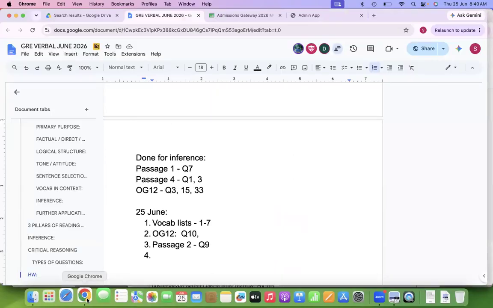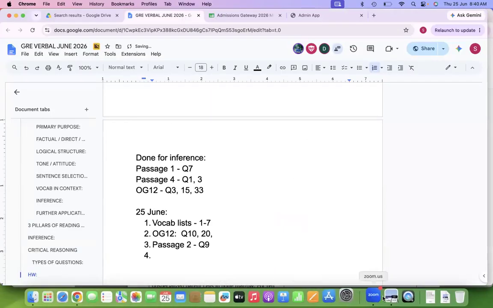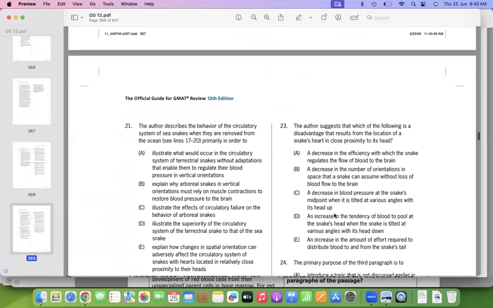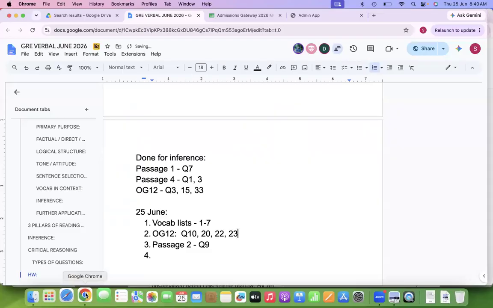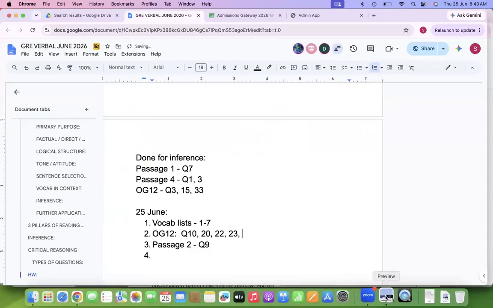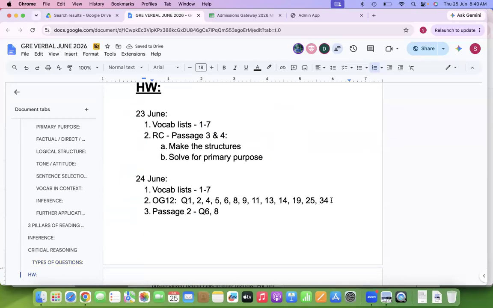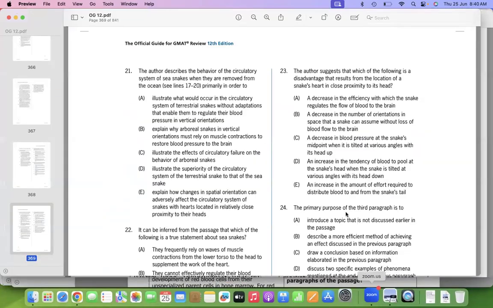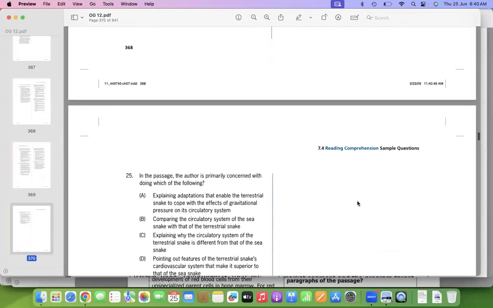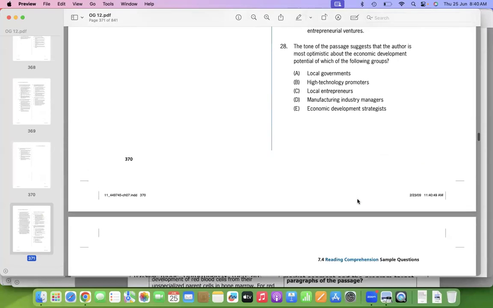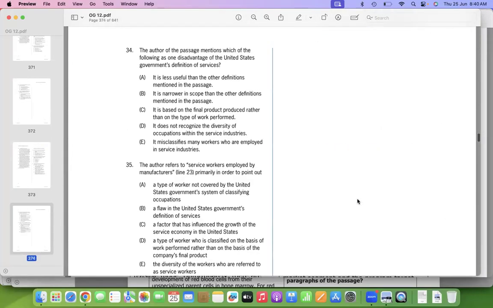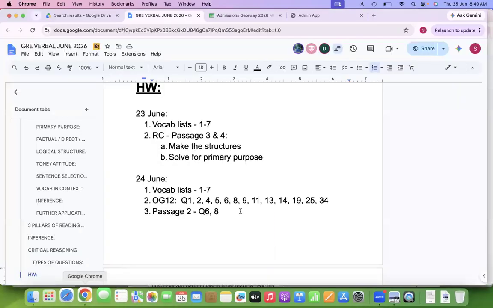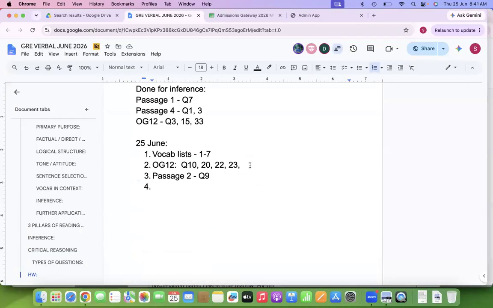Question 20. 22, 23. And for 31 to 35, we've already done the inference question.